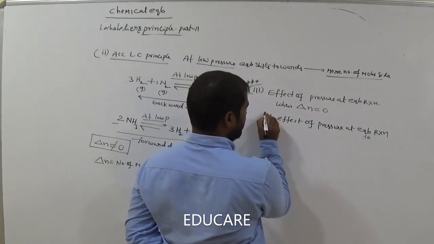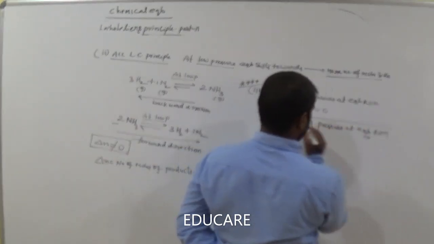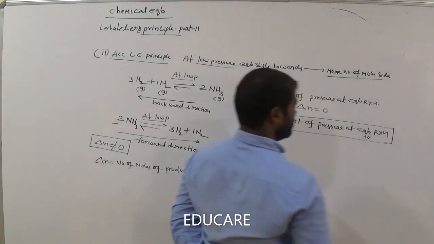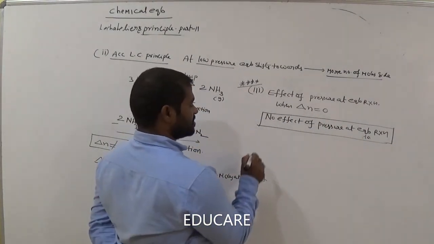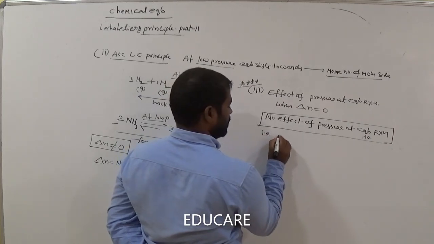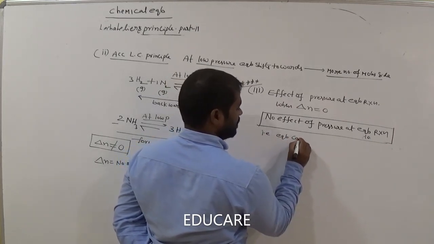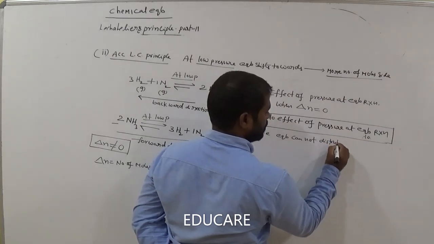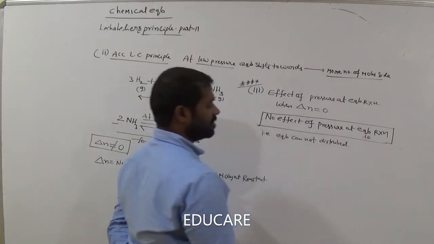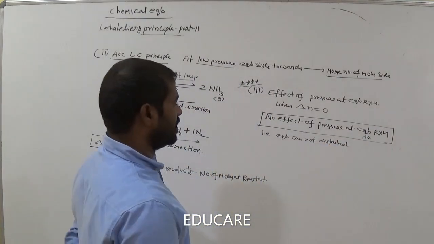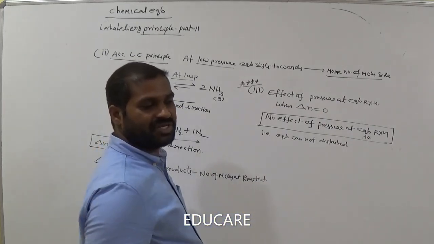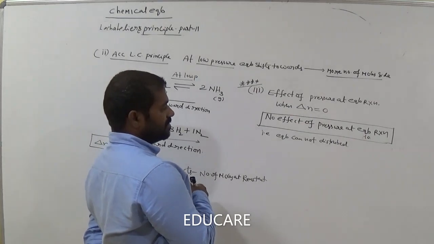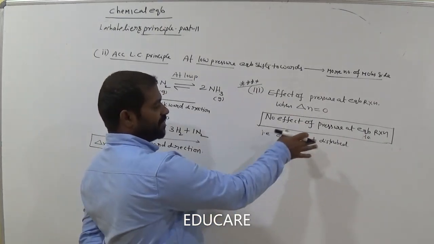Remember this, very very important. Is it clear, students, all of you? That means the equilibrium cannot be disturbed. There is no change in the equilibrium position, neither forward nor backward.